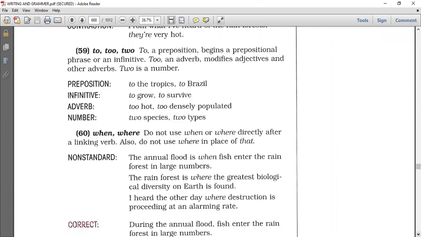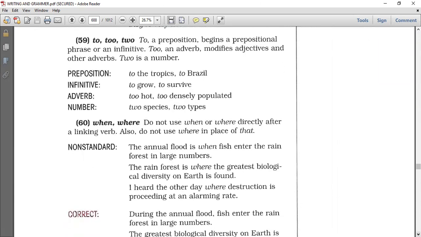Number 59, to, too, and two. To, a preposition: I go to school. It begins a prepositional phrase or an infinitive: to eat, to drink, to be, to have. Too, double O, is an adverb.